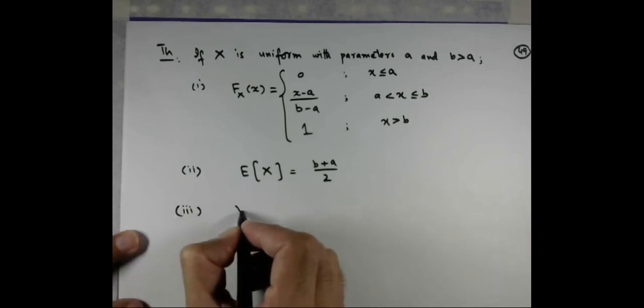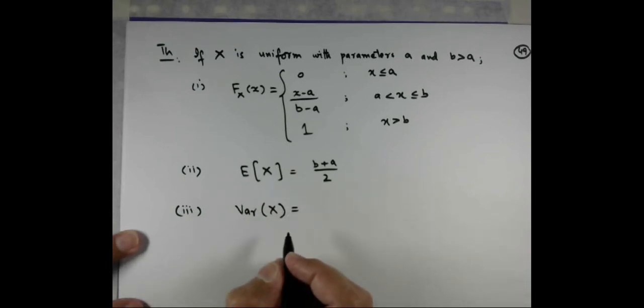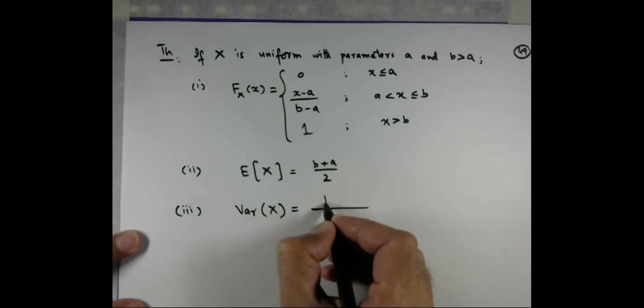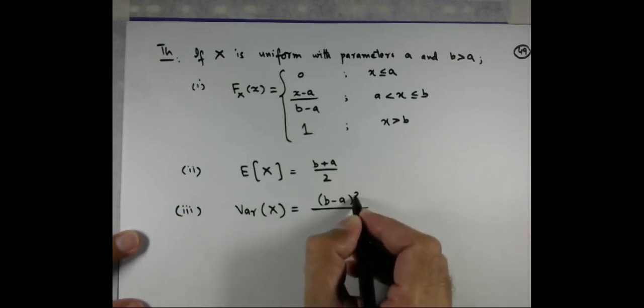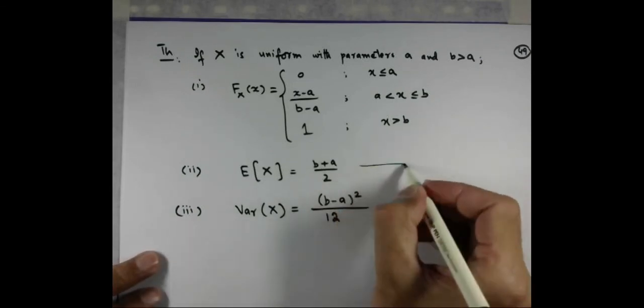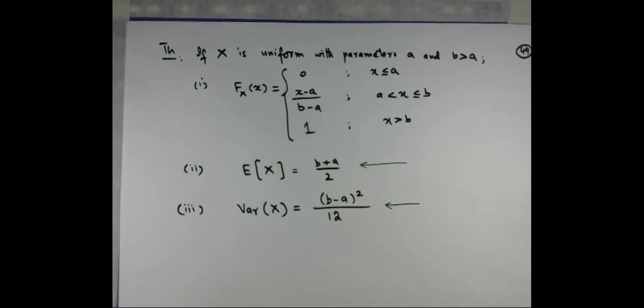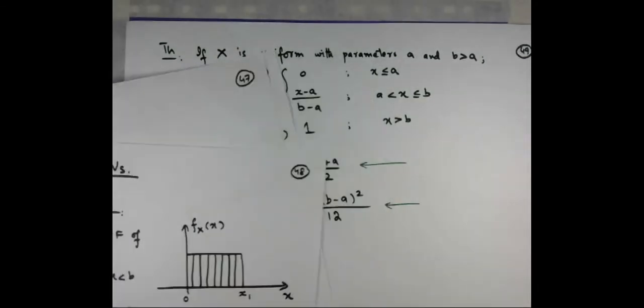And third, the variance of X, if X is a continuous uniform random variable, can be written as (B minus A) whole square over 12. Now a small homework, and that homework is you need to verify this and this using the formulas for mean and variance of continuous random variables, which I have just taught you a few minutes ago.